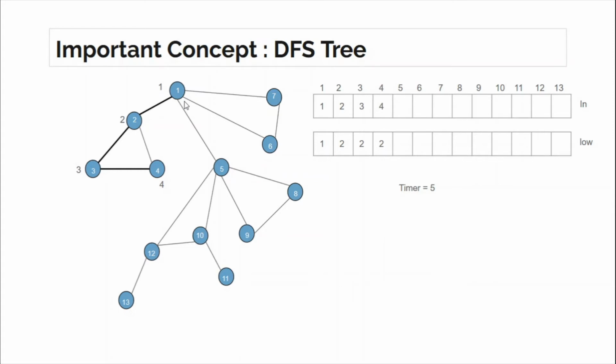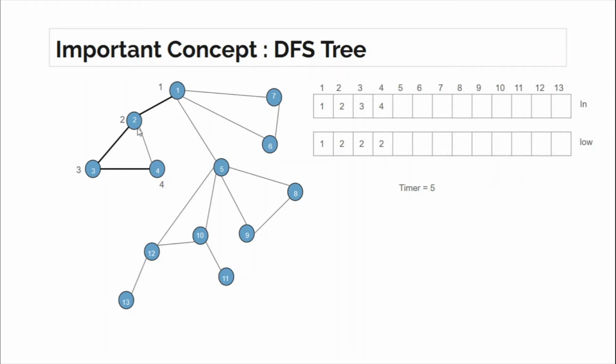In this case, yes, this is an articulation point, but there are cases where root is actually not an articulation point. To check whether a current node is an articulation point or not, we check for the node from which we have backtracked to node 1. For that node we are checking, okay, what is your load time? I am an articulation point if your load time is not smaller than the in time of me.